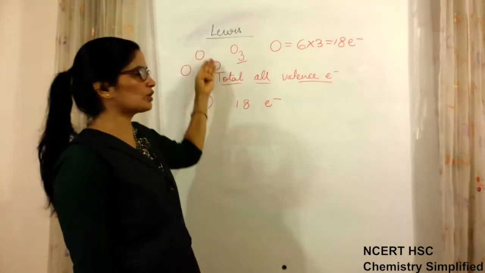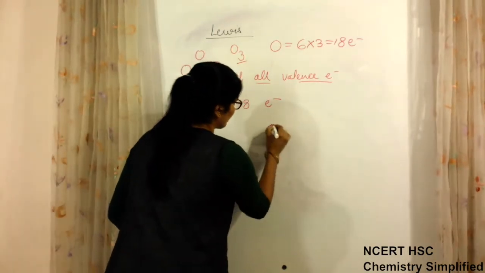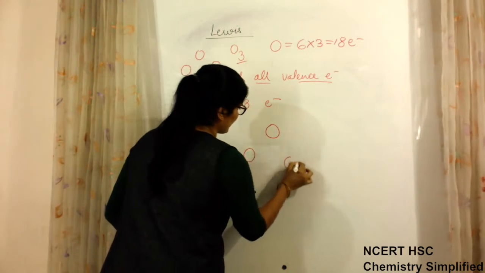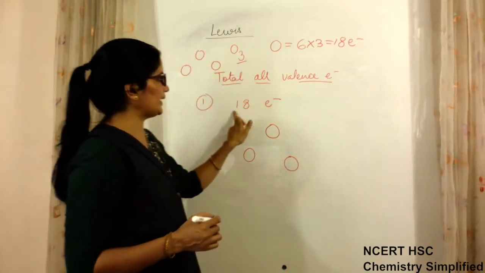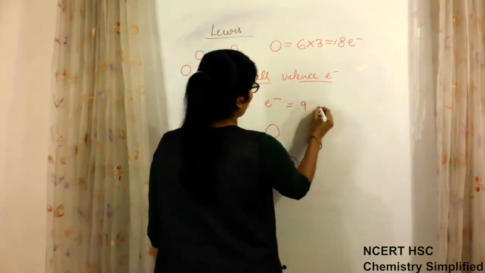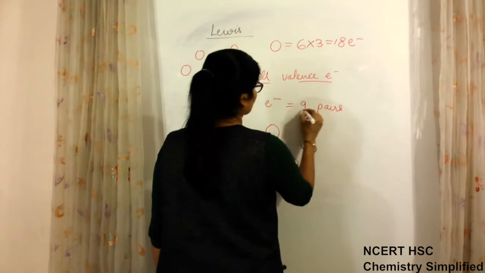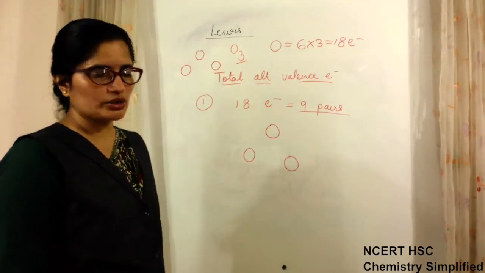But in this case, because all are the same, there is no problem regarding that. So the next step is that we will place them separately. After that, total 18 electrons, or you can say 9 pairs, are there.